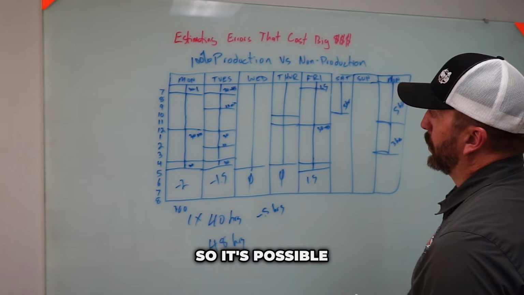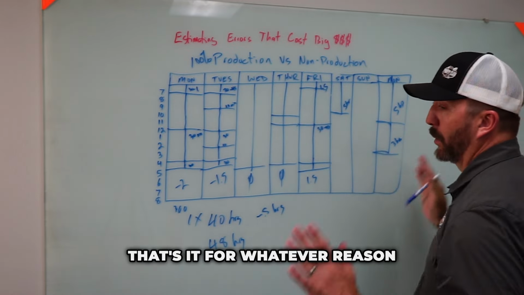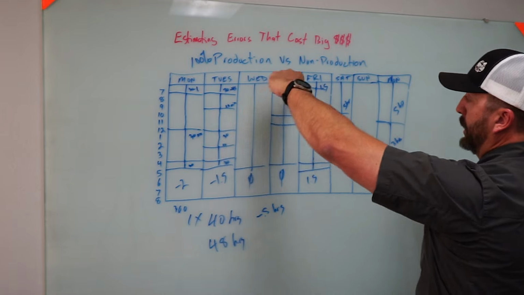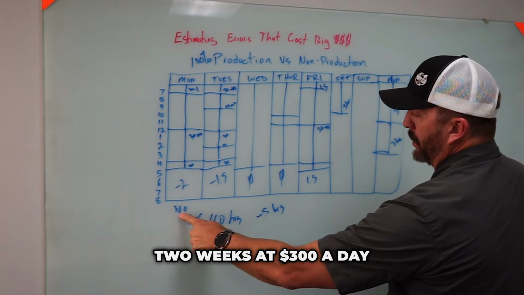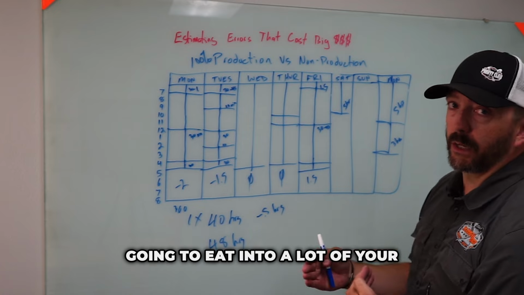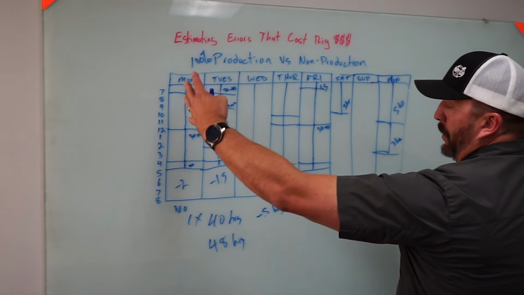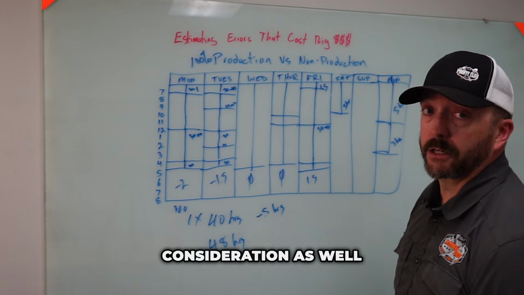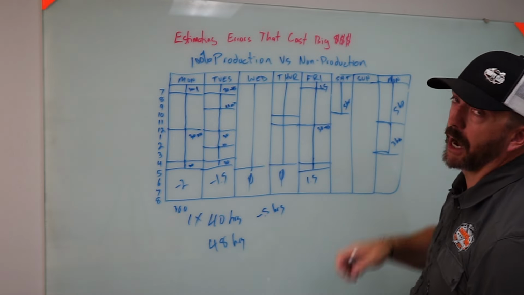It's possible that if you only work half days each day, for whatever reason, if you only work 4 hours each day, now it's going to take you 2 weeks at $300 a day, and so now your overhead is going to eat into a lot of your profit because you've extended the amount of overhead days that it's taken you to do that job. So you've got to take that into consideration as well. So when you're doing that, make sure you factor in non-production hours in your estimate.